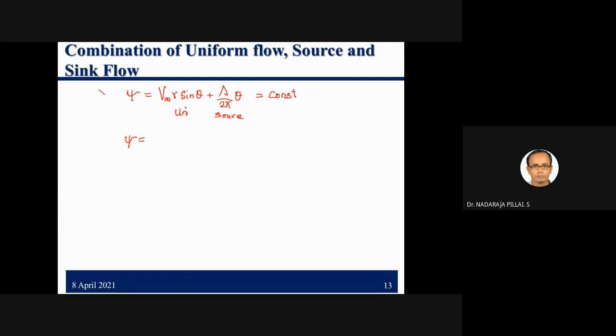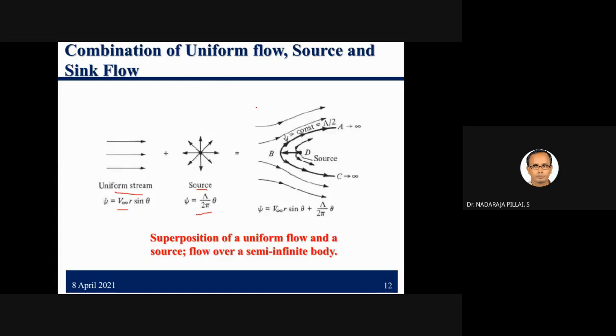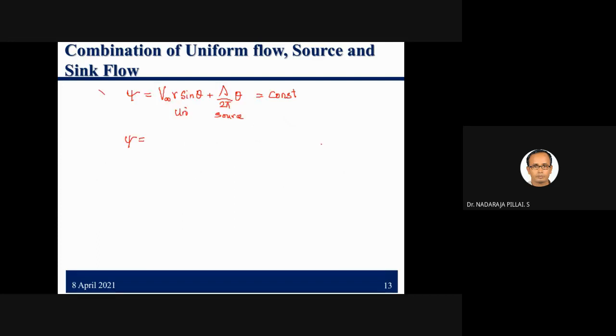Here the source is located at a point D. This is the source flow, and because of the uniform flow, you can imagine that there is a source flow, and when there is a uniform flow, what happens? So on the surface, we consider ψ equal to constant, and then we will proceed. And if we know ψ, then we can calculate the velocity V.